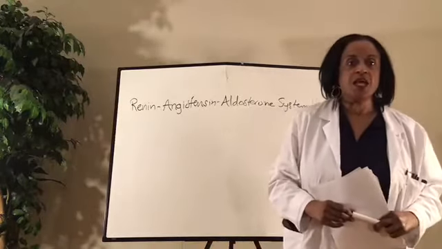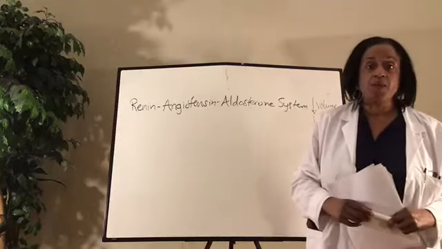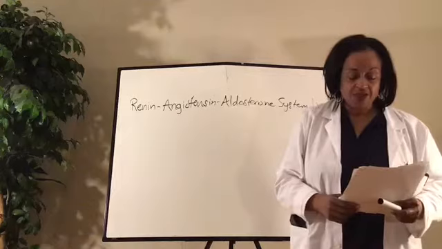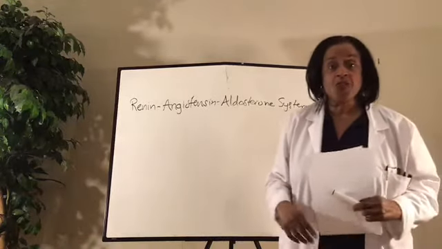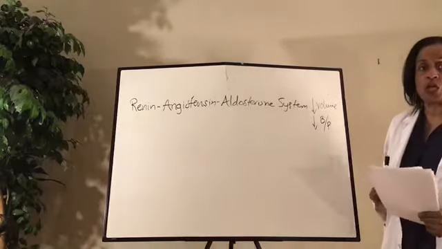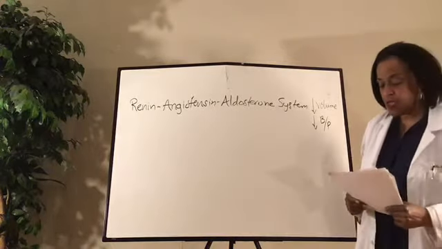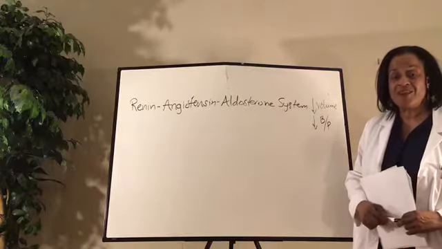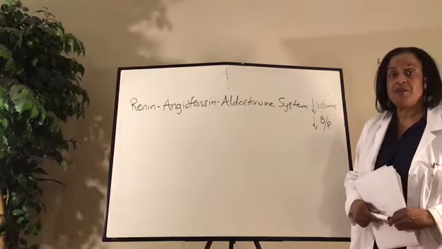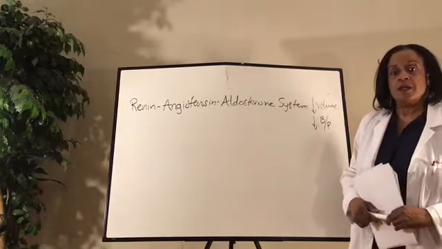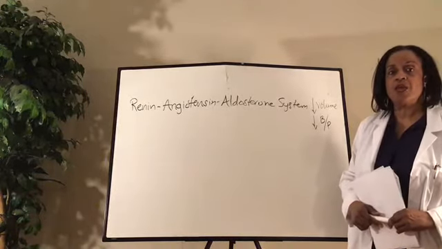Well, you could get a little dehydrated at that point, right? Hemorrhage would be another way that we could lose volume and our blood pressure would decrease. Having emesis, vomiting, especially a lot of vomit, could cause us to have less volume and a lower blood pressure.